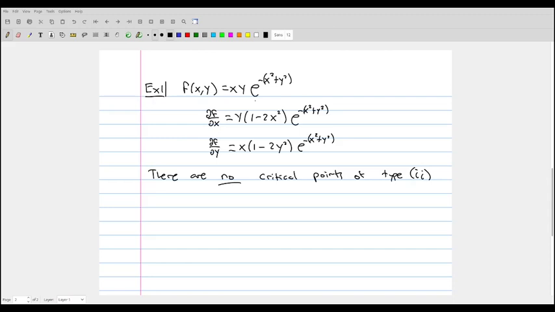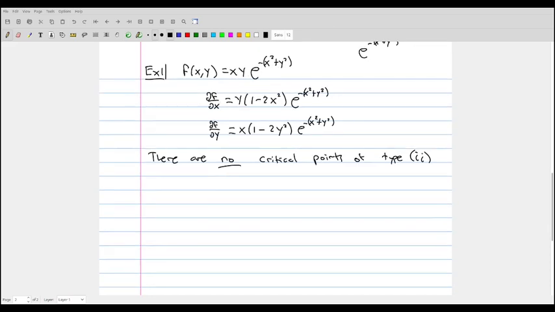That's because the exponential function is an infinitely continuous function. It's a nice, smooth function. And the function x squared plus y squared is also continuous. So therefore, e to the negative x squared plus y squared is a very nice, smooth, continuous function. And same thing with the function x times y. Because of this multiplication and composition, it is also a very nice, smooth function with infinitely many derivatives.